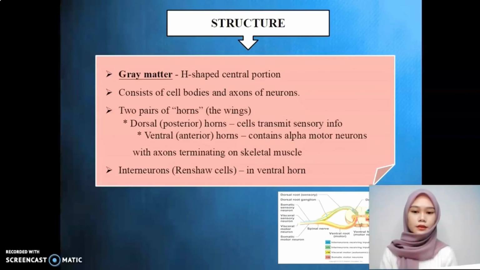In transverse sections, the gray matter is conventionally divided into dorsal (posterior), lateral and ventral (anterior) horns. The dorsal posterior horns contain cells that transmit sensory information, while the ventral anterior horns contain alpha motor neurons with axons terminating on skeletal muscles. Interneurons, or Renshaw cells, are located in the ventral horn.